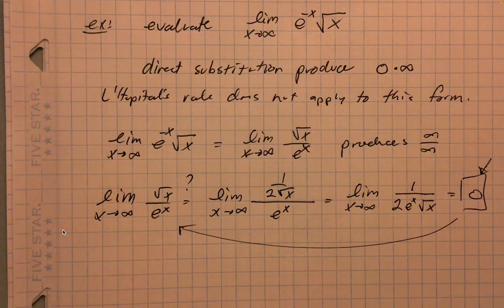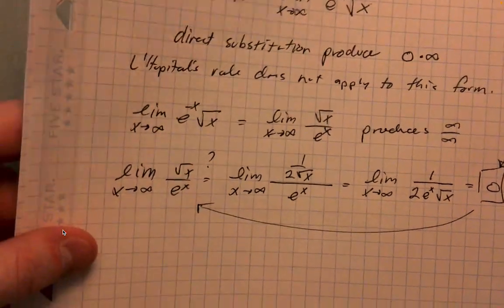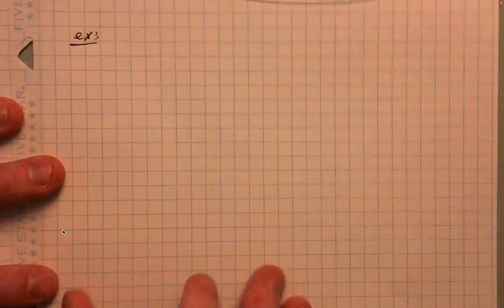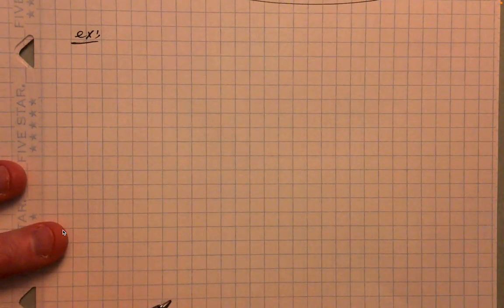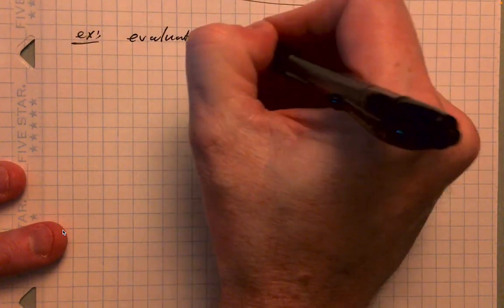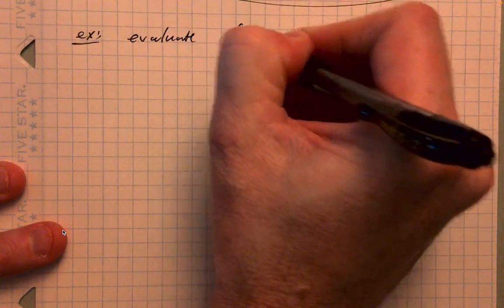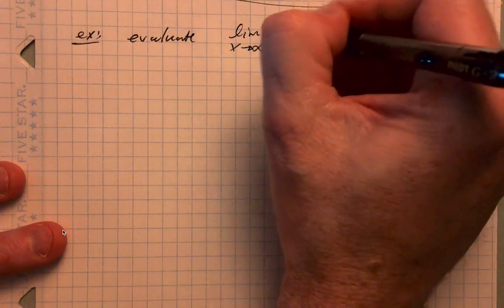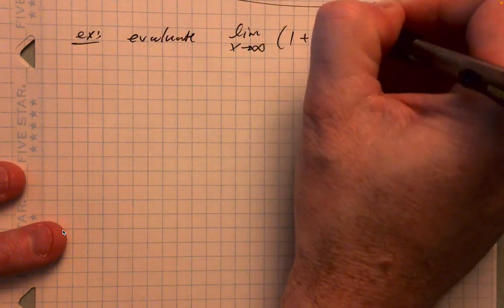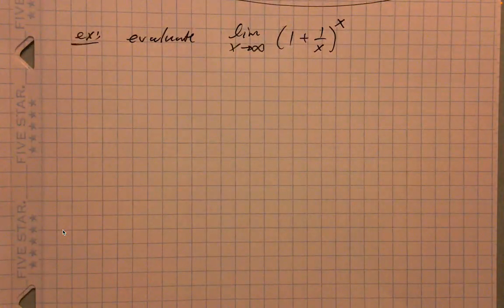Let's do another example, something a little bit harder, something that's a little trickier, something that requires a little more trickery. So let's say we want to evaluate this limit: the limit as x goes to infinity of 1 plus 1 over x, raised to the x power.